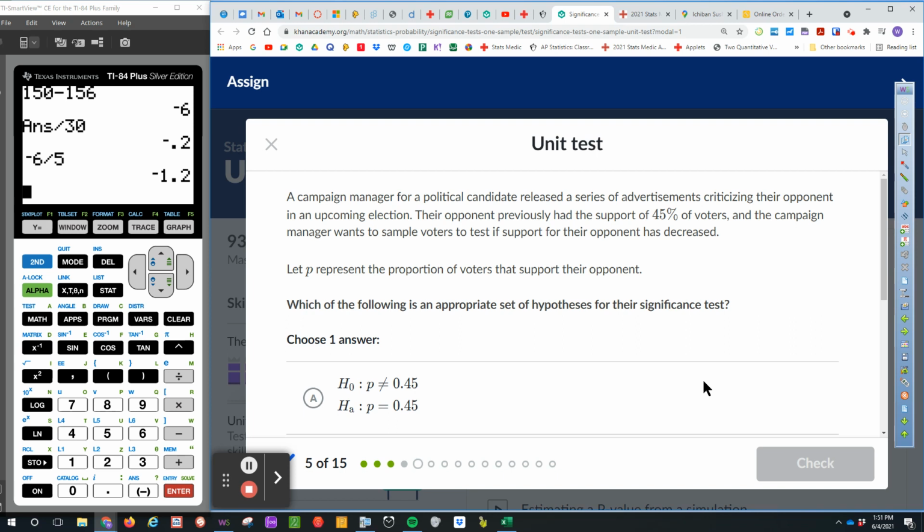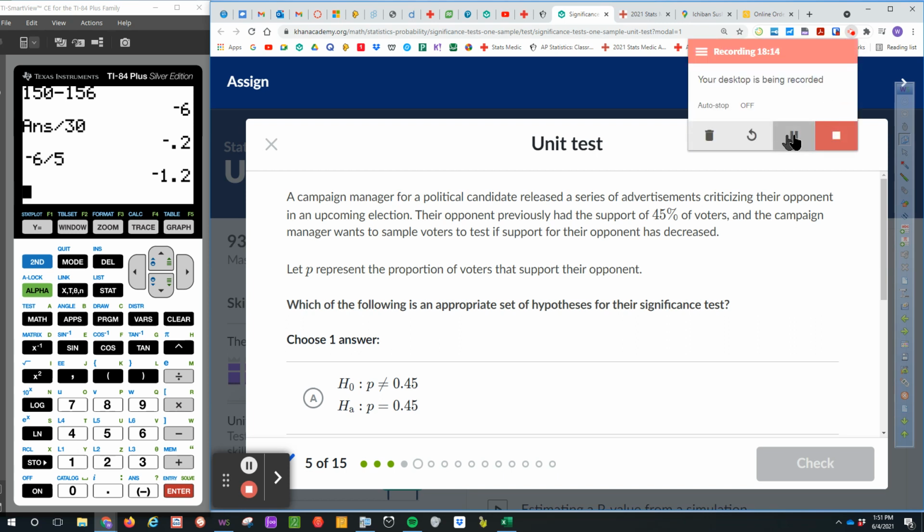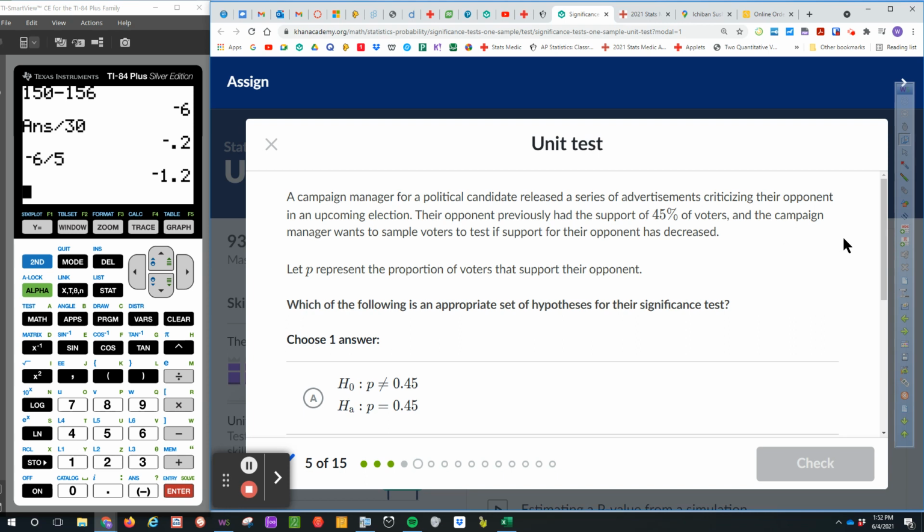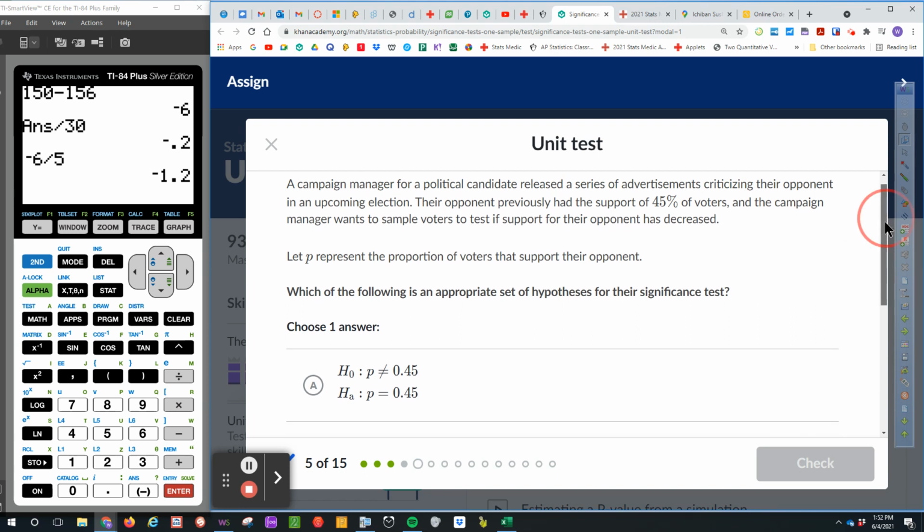So a campaign manager. All right, I have to pause this. Okay, a campaign manager for a political candidate released a series of advertisements criticizing their opponent in an upcoming election.